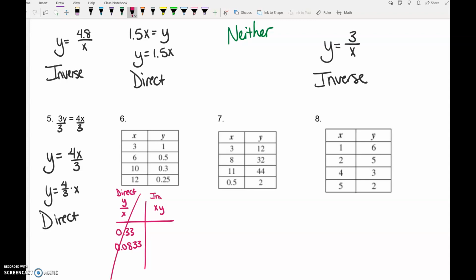Then we'll check inverse by multiplying them together. 1 times 3 is 3. 6 times 0.5 is 3. 10 times 0.3 is 3. And 12 times 0.25 is 3.